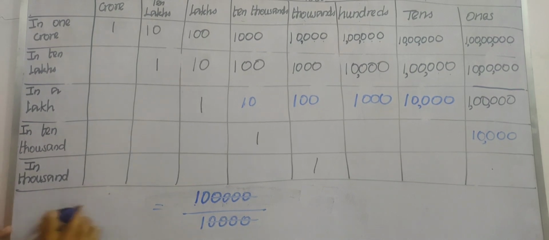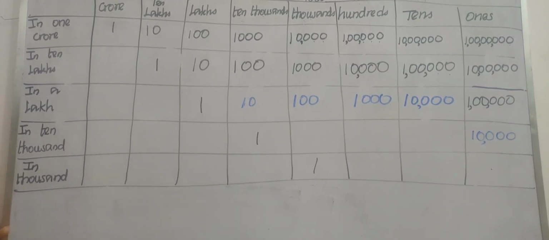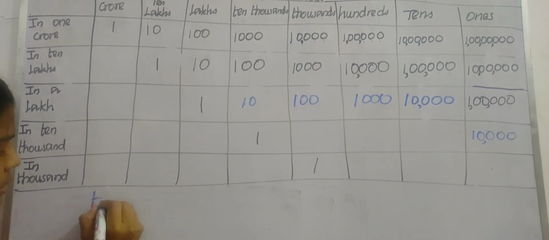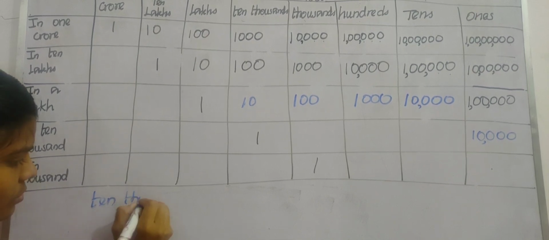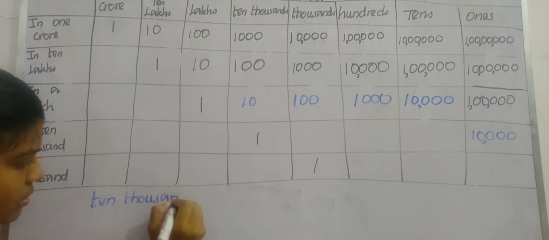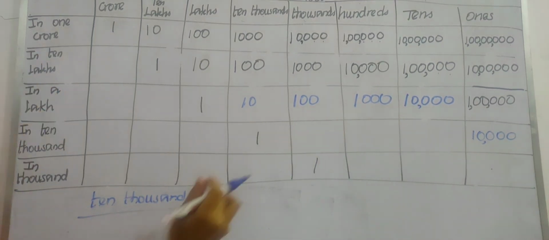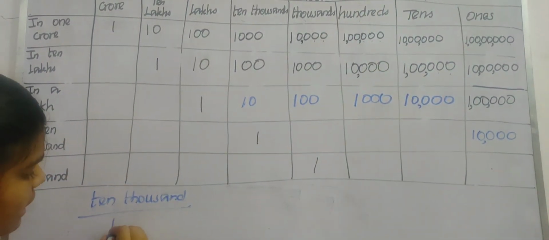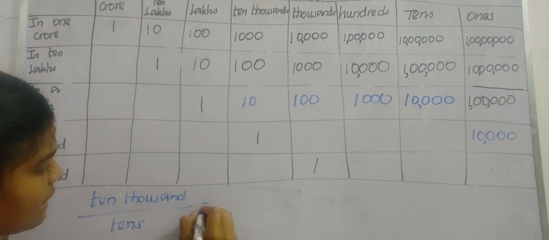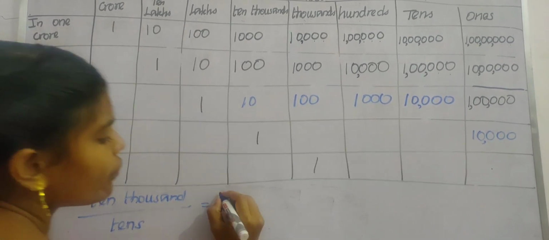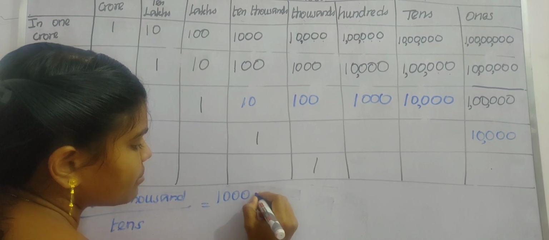Okay, so let us find for tens. How will you find? 10,000 divided by tens, right? We are going to find for tens, is it? So 10,000 divided by 10. 10,000 is a 5-digit number, we know, right?